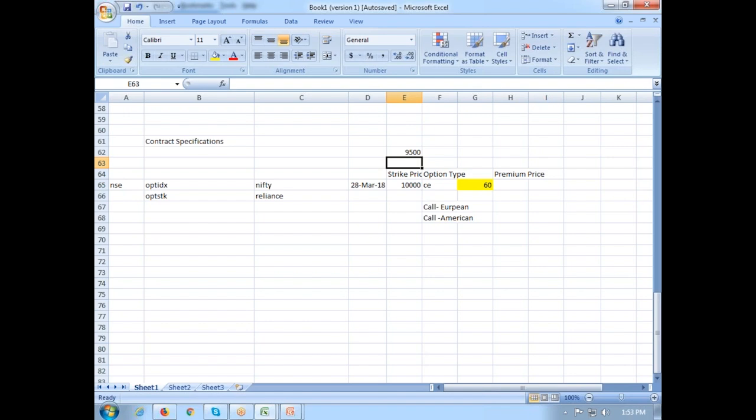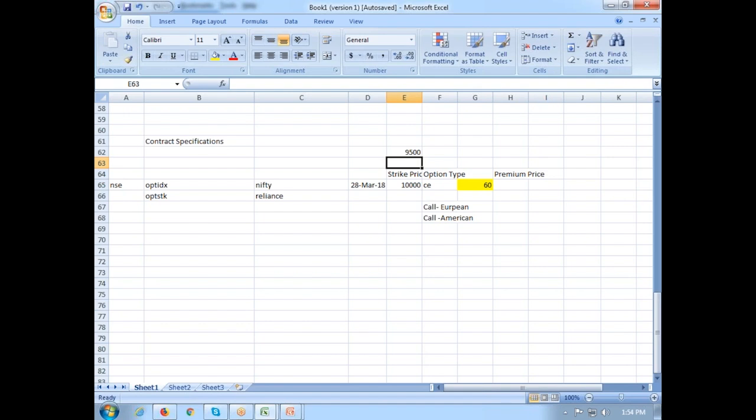In case I buy the Nifty 10,000 call at 60 rupees, my downside is limited. And if Nifty crosses 10,060 and above, my upside is unlimited. I'm just paying the premium for the upside. If there is an upside, I will be party to it. If there is no upside, the premium will be gone. That's all.